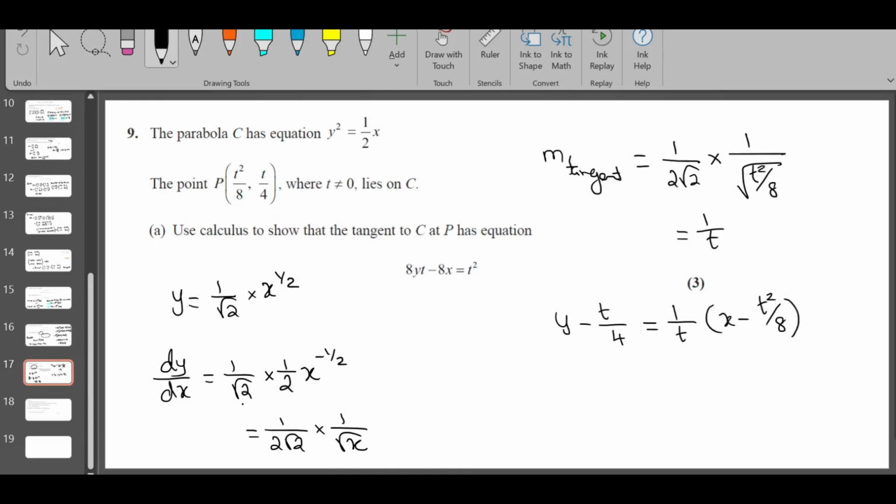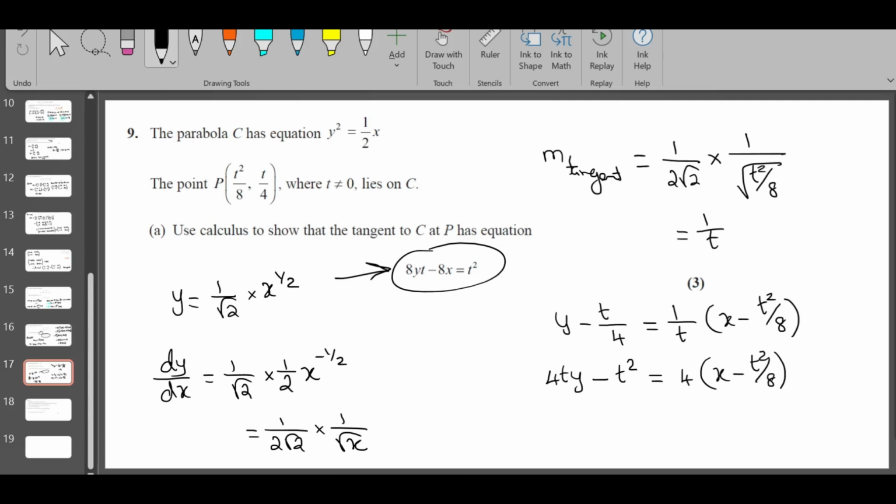Now we need to write it in the required format. Since there is no fraction here, I'm going to multiply through by 4t. So it's going to be 4ty minus t, 4 will be cancelled, I'll get t square is equal to, t and t will be cancelled, 4 times x minus t square over 8.